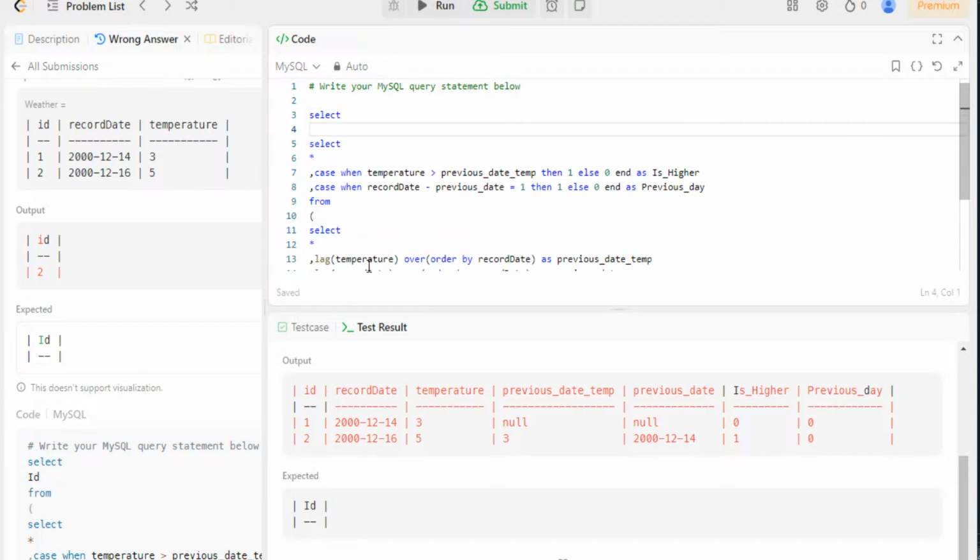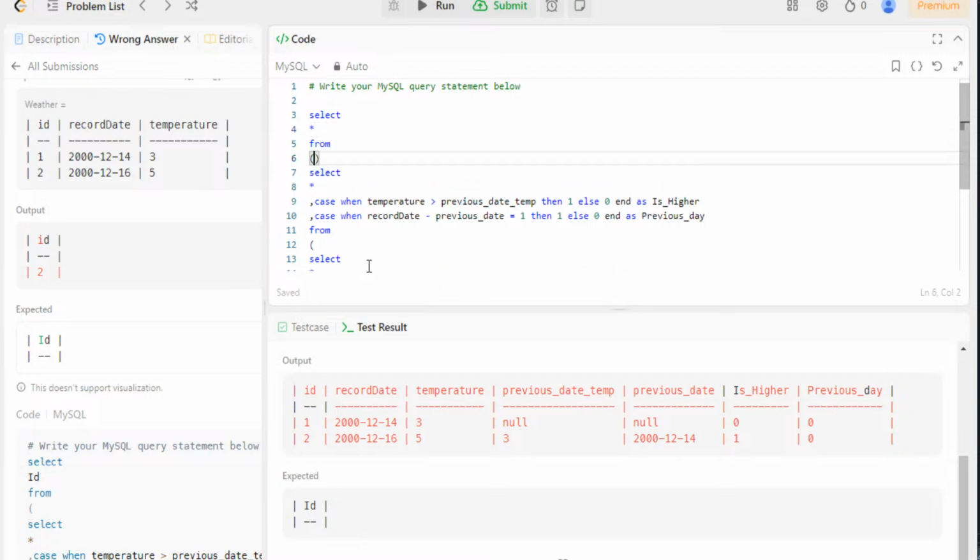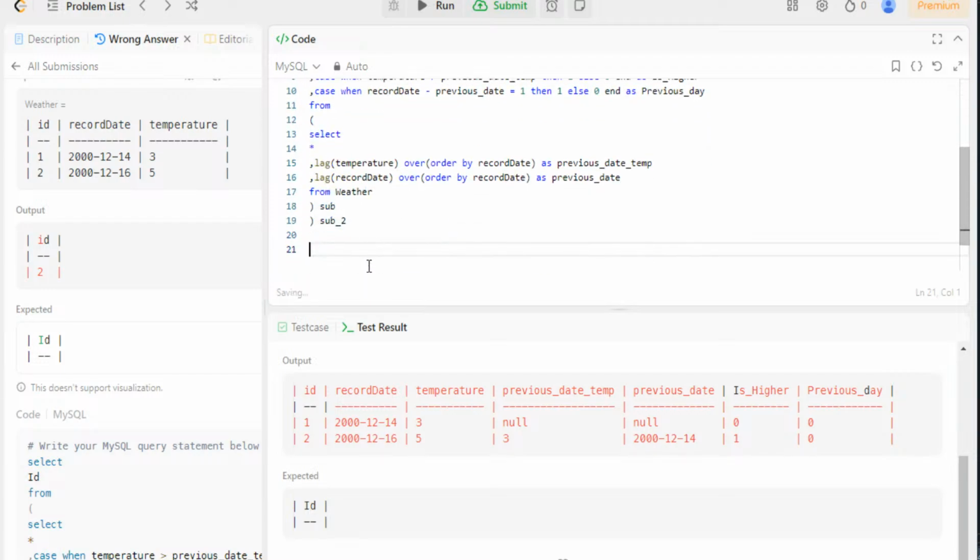Come up here, select star from, and where. Now here's our first and that I think we've done. I need is higher and previous day. Why is the setup different today? Kratos, give me more, elaborate on that. What, I'm sorry, setup.